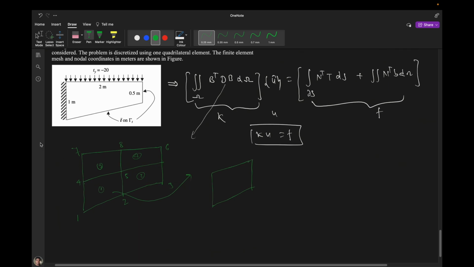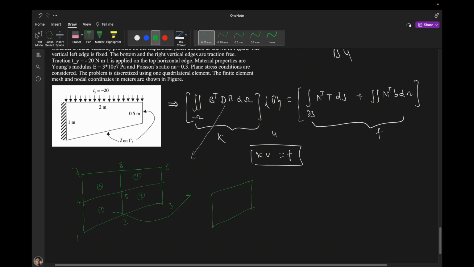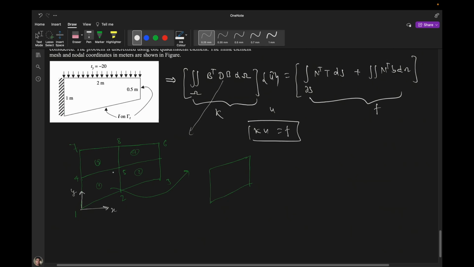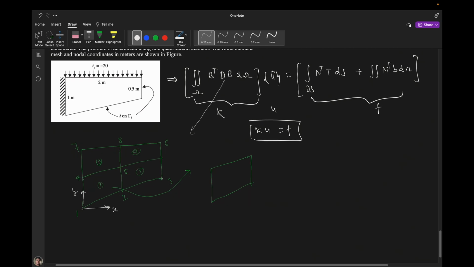and since the coordinate axis is like this, x-axis, y-axis, and this length is 0.5, which means that this height is also 0.5.